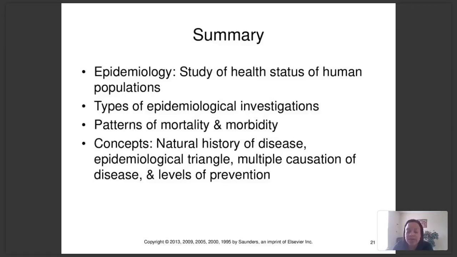Patterns of morbidity and mortality, remember, those are some of the vital statistics that we pay attention to in our health information systems. You will see that as a common indicator pretty much everywhere in the U.S., and you will often see those as vital indicators across the world as well, from a global health standpoint. Then concepts such as natural history of disease that we spoke of, the epidemiologic triangle, multiple causation, that web of causation, and then we've re-emphasized the levels of prevention.